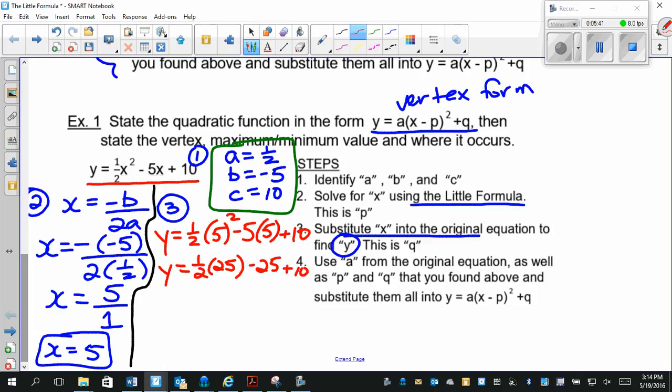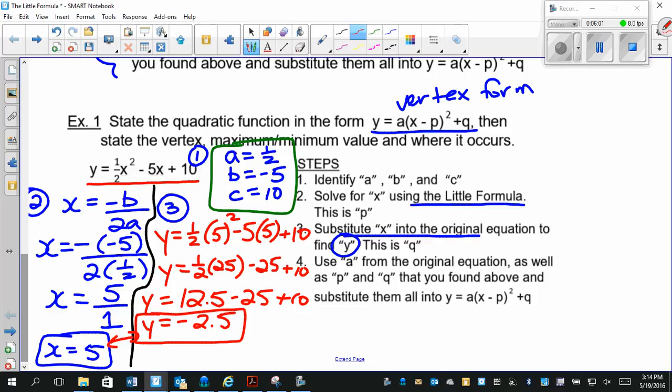You can just write that as a decimal here. Okay, and then when we add all those up, we end up with y equals negative 2.5. So once we know our y value and our x value, that means, therefore, the vertex is 5, negative 2.5.